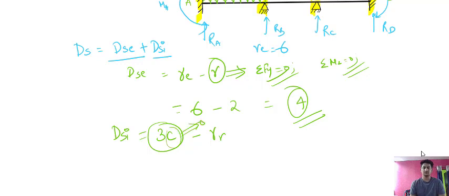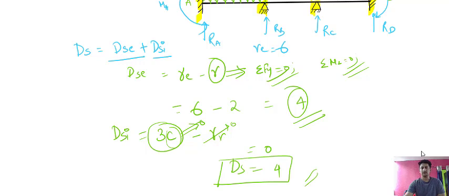In this case C is 0, and RR is also 0, so DSI is 0. So total DS will be 4 plus 0, that is DS equals 4. This is how you calculate the degree of static indeterminacy in this case.